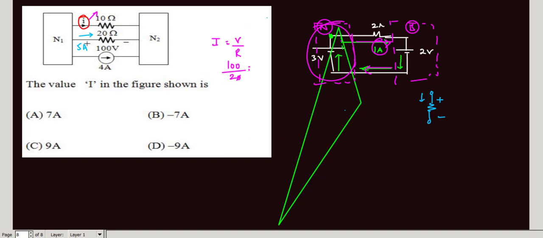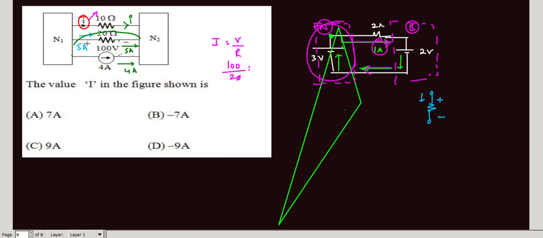Okay, so you can observe here 5 amperes is coming into this node, and here 4 amperes is coming. So if I take this as a single element, that is a total of 9 amperes.